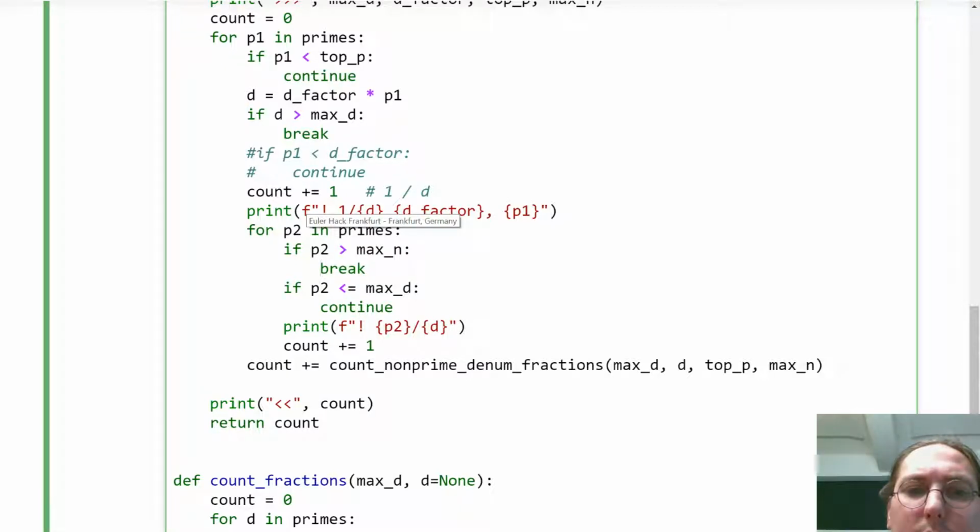Because top p is 2, I think that's it actually. Well, because I'm looking at all of the multiples of 2, so it has to be 1 over 2. Maybe max n is always divided by d.